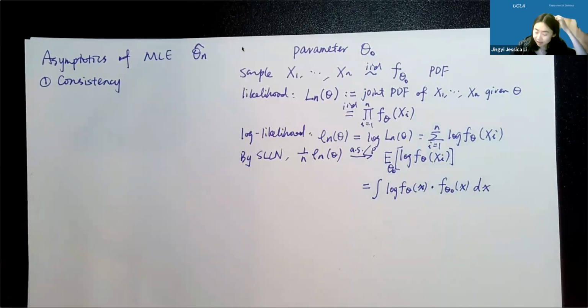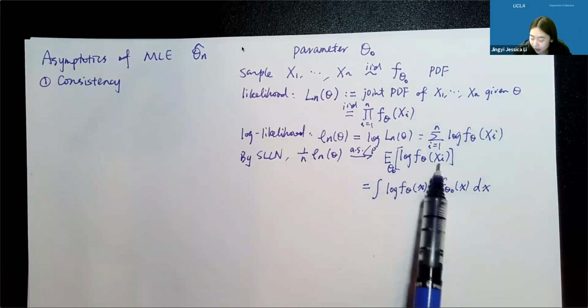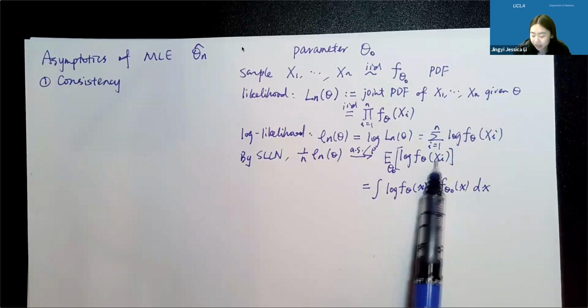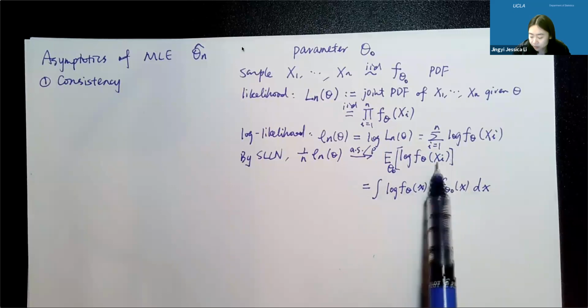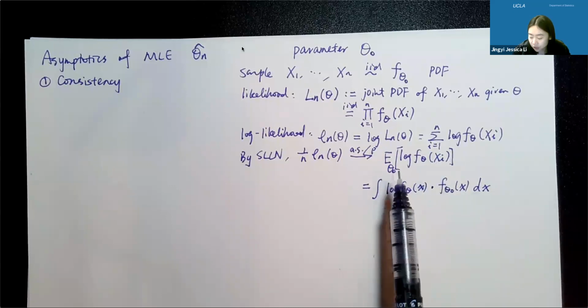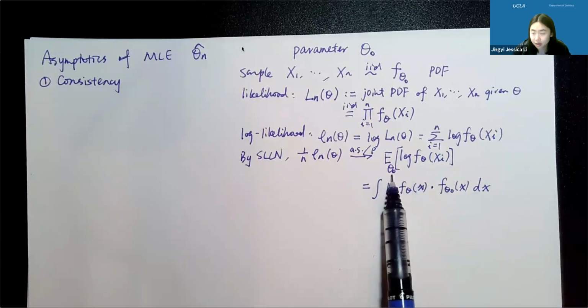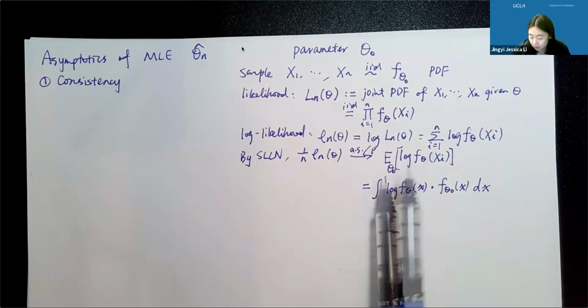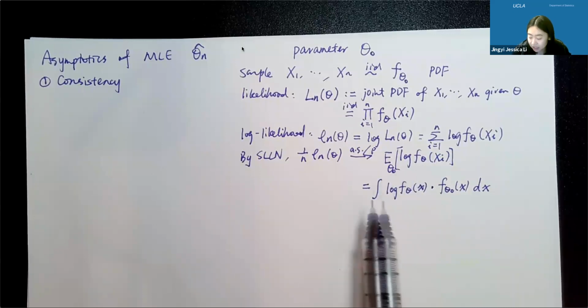You see that in this expectation I no longer have xi, because xi is the thing I'm taking expectation over. What's left is the true parameter theta 0 and the parameter value I'm evaluating at, theta. So theta and theta 0 stay in this expectation.